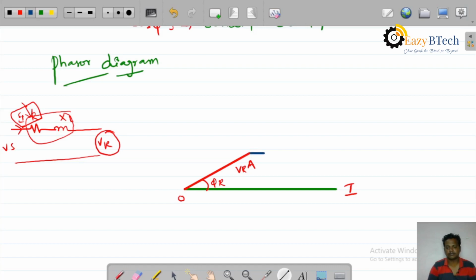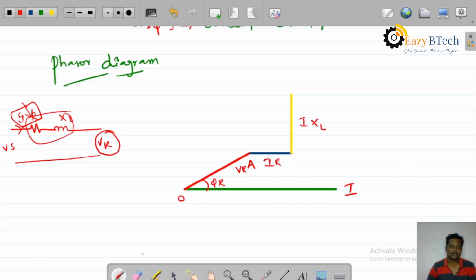Next, I represent the I into XL drop. I into XL is 90 degrees to the I into R drop. This is the I into R drop, and this is the I into XL drop.